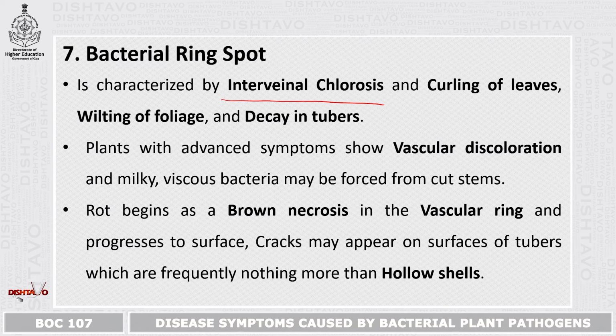Plants with advanced symptoms show vascular discoloration, then milky substances and viscous bacterial ooze may come out from the cut stems. Rot begins as brown necrosis in the vascular ring and progresses to the surface. Cracks may also appear on the surface of the tubers, which are frequently nothing more than hollow shells.